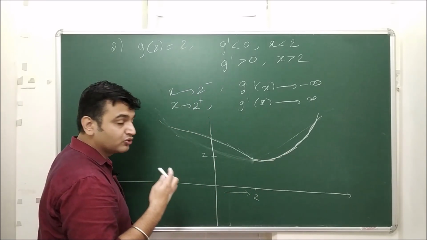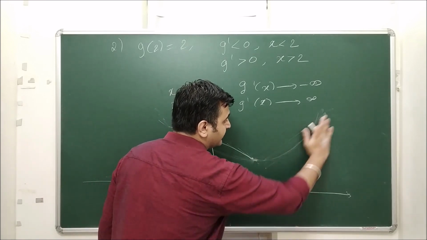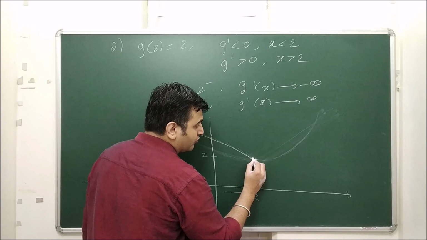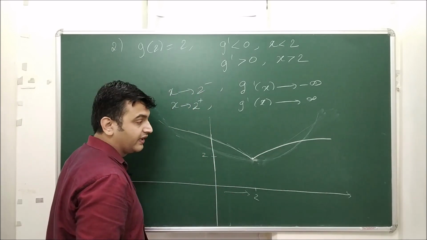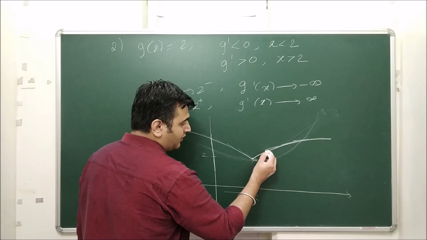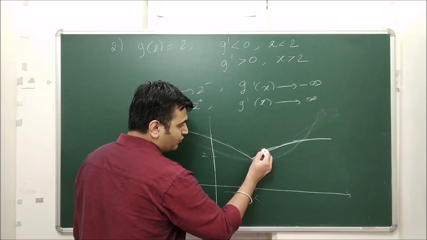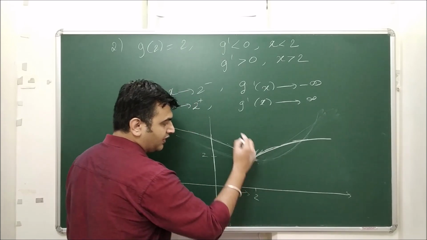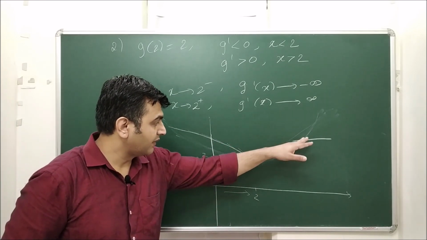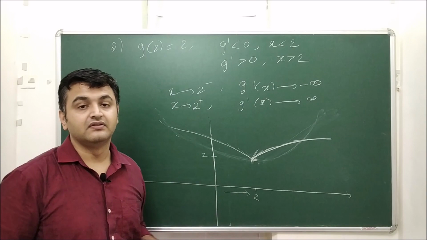That means slope will approach 0, but it is given that slope is approaching infinity. So here also you will have the concave down. And as you can see, the tangent line is becoming more and more vertical. And we know that it's increasing, so it's going to plus infinity.